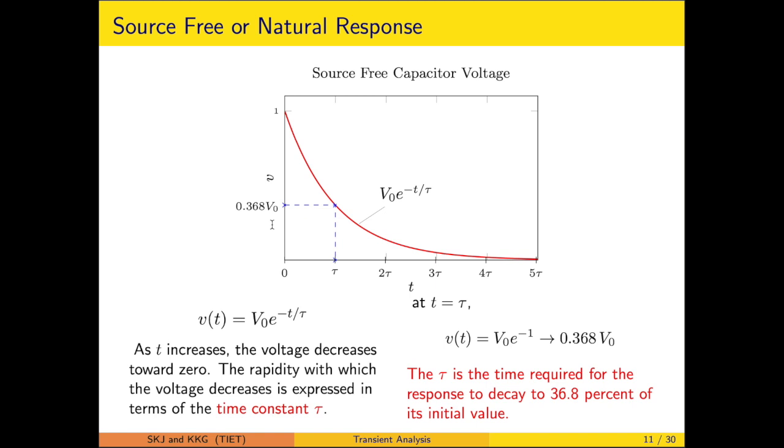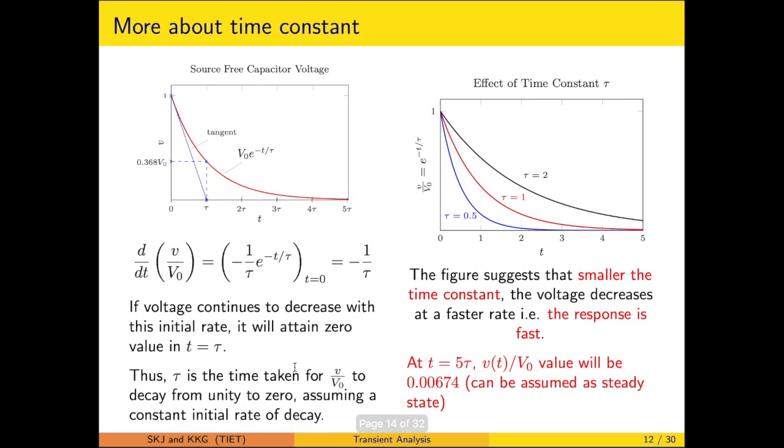So on that basis, you can define the time constant as the time required for the response to decay to 36.8% of its initial value. Otherwise, in a general sense, the time constant is defined as the rapidity with which the voltage decreases.